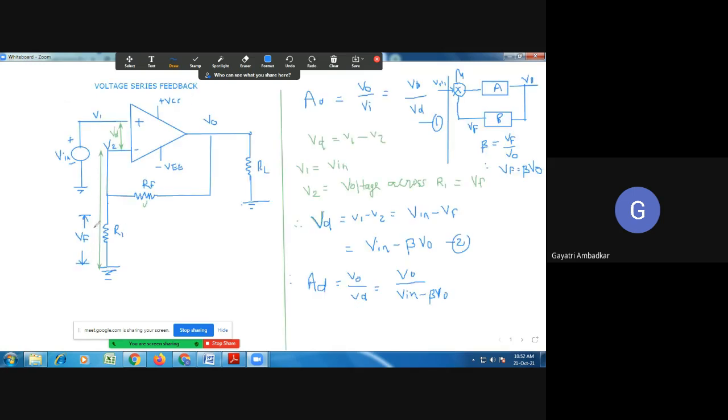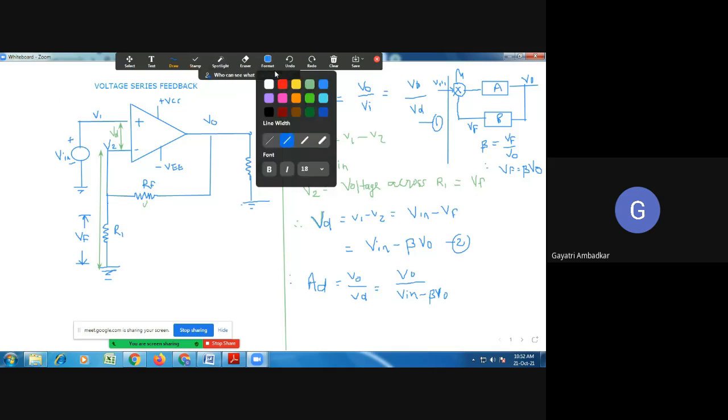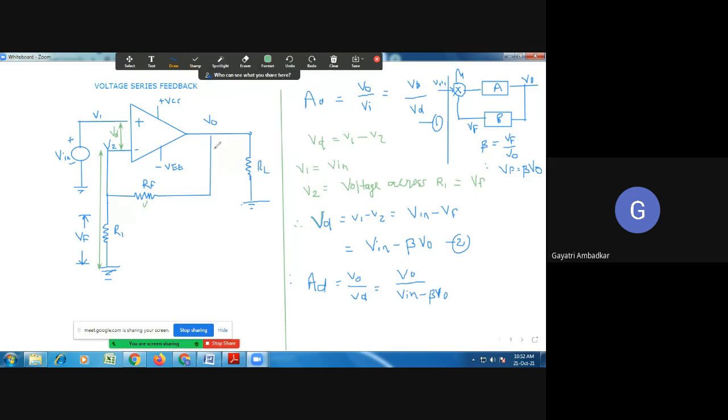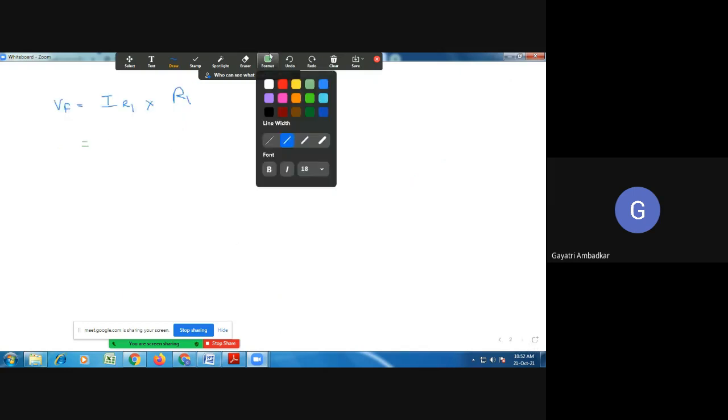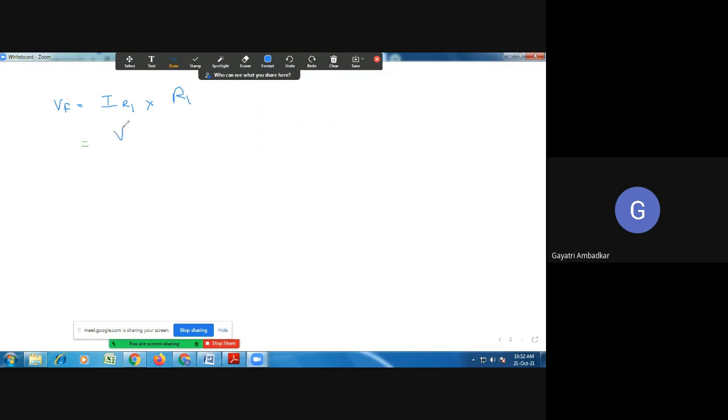Which current is flowing? What is this I? I is equal to Vo upon Rf plus R1.